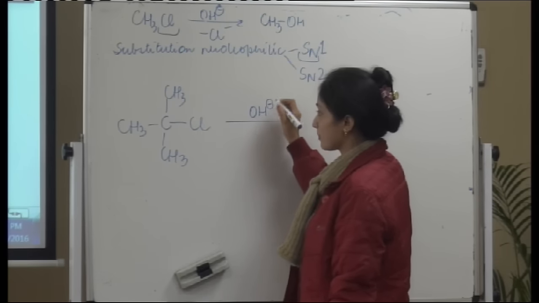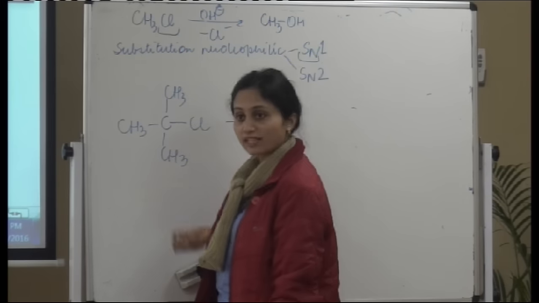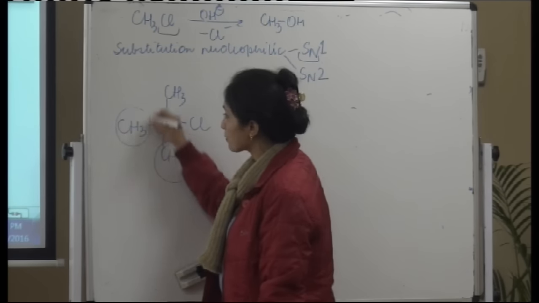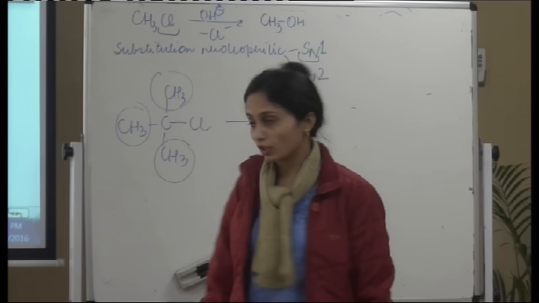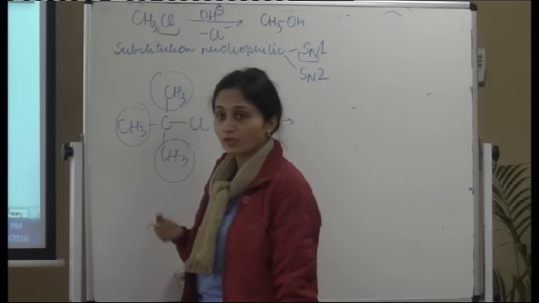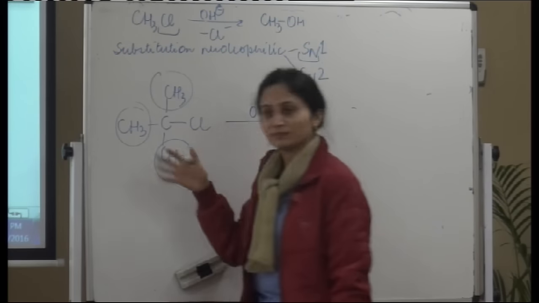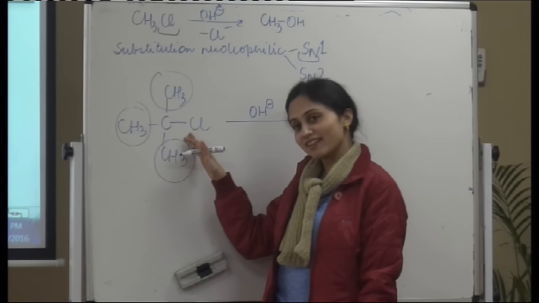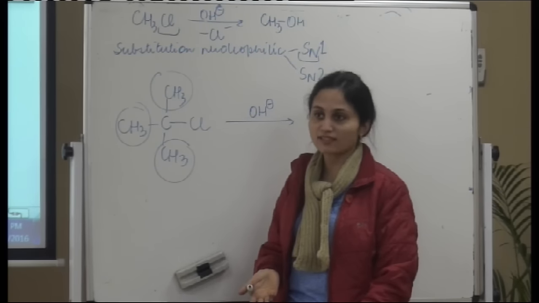What generally happens is this OH minus will attack from some place where it gets space. Now in tertiary, what is there? You have three bulky groups attached. Bulky means big. In the presence of these three bulky groups, OH minus has no space at all. What generally happens is it will just ask this particular molecule to remove the Cl minus first so that a place is created for it.